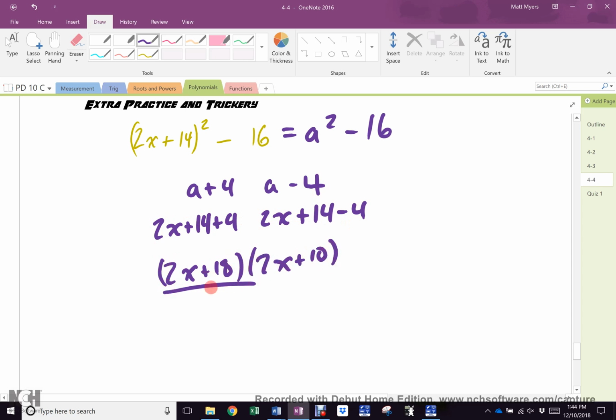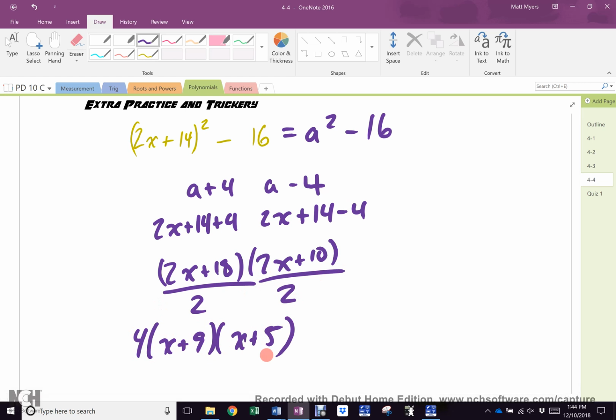And, of course, I would take out a 2, and I would take out a 2 to get 4 times x plus 9, x plus 5. That's what I would do. There are many ways to do the question, but you will notice my way took 5 seconds.